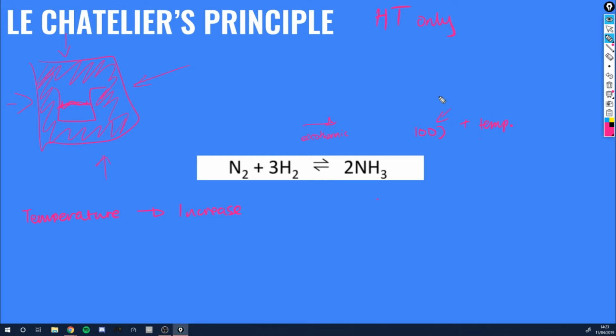So let's say when we increase the temperature, we get another 100 joules extra. So here, there will be more endothermic products reacting. So we will form more reactants because the backwards reaction is endothermic. We need to use up more of that energy to equalize the rates of reaction.